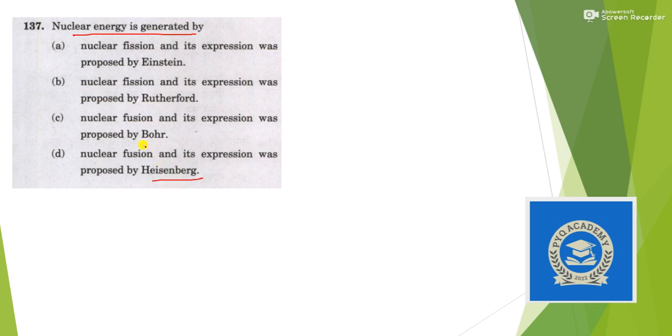The statements contain two parts. The first part is similar in all the statements. Fusion and fission both are part of nuclear energy. So the first part is correct in all the statements, but the second part differs.